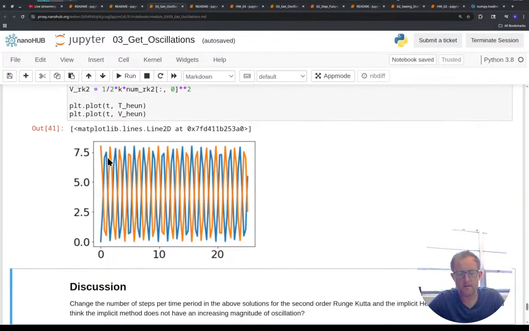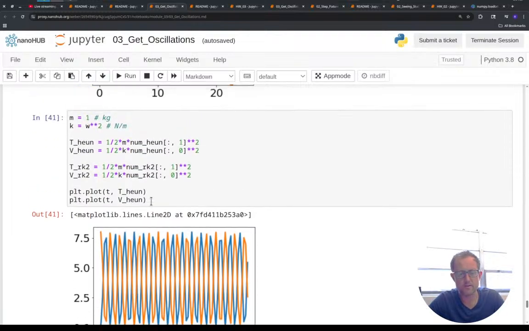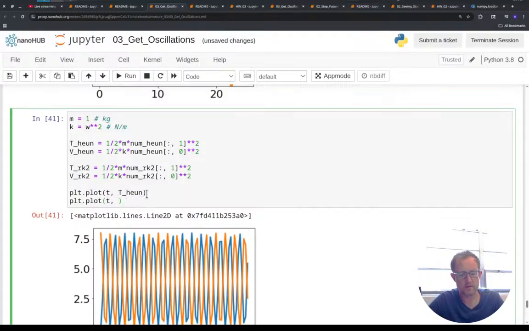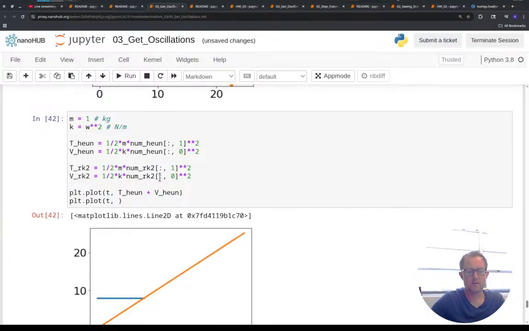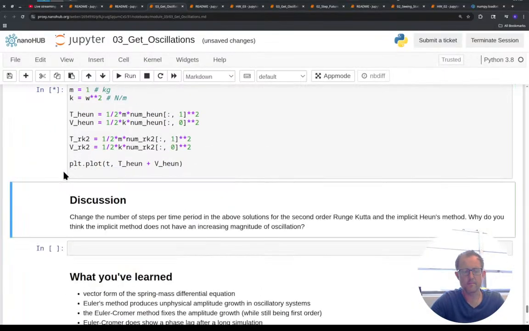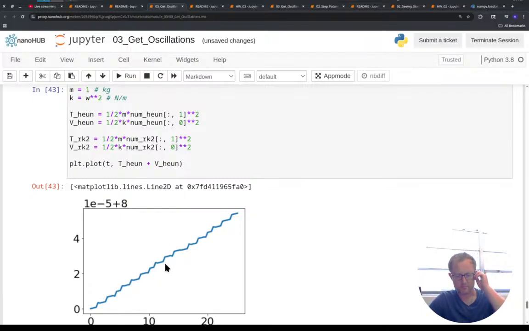So when kinetic energy goes down, potential energy goes up. Nothing too fancy here. Well, let's try this. Oh, get rid of that. So kinetic plus potential is a constant value, at least it should be.